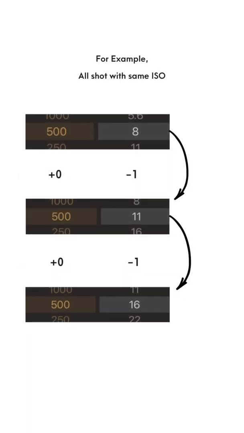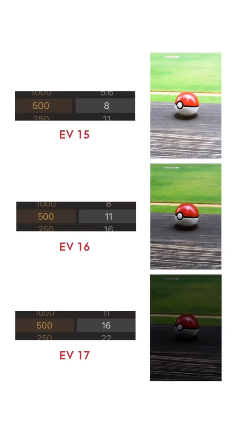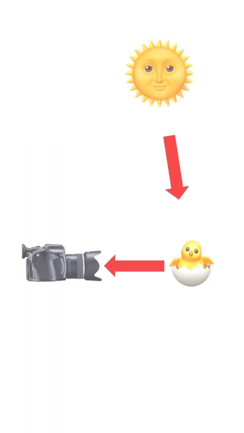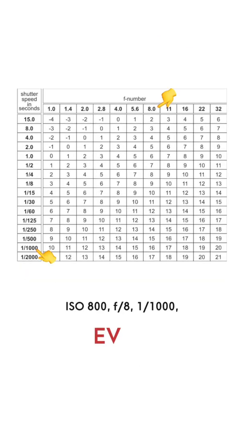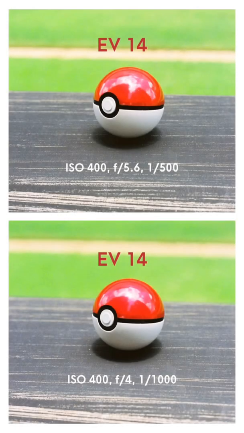If you just keep adding or subtracting stops, your exposure value will differ. But if you follow reciprocity, you have to add one if you plan on subtracting one. Without getting too technical, exposure is how much light there is in a scene, and its value is what the light meter registers. The Pokeballs were all shot with the same exposure value, just with different apertures and their corresponding shutter speeds.